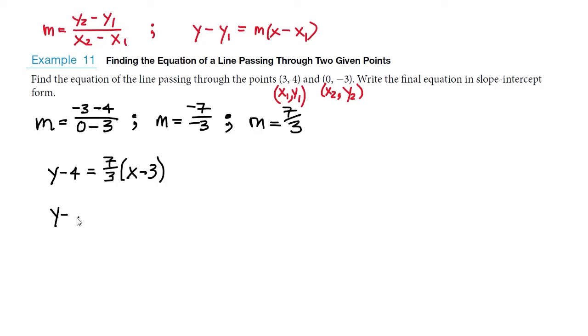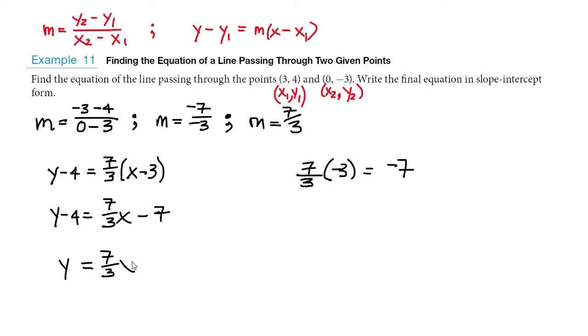So y minus 4 equals 7/3 x subtract 7, because remember, 7/3 multiplied by -3 is just going to give me -7. So I'm going to add 4 to both sides. So y is equal to positive 7/3 x, and if I add 4 to both sides, this will be -3.